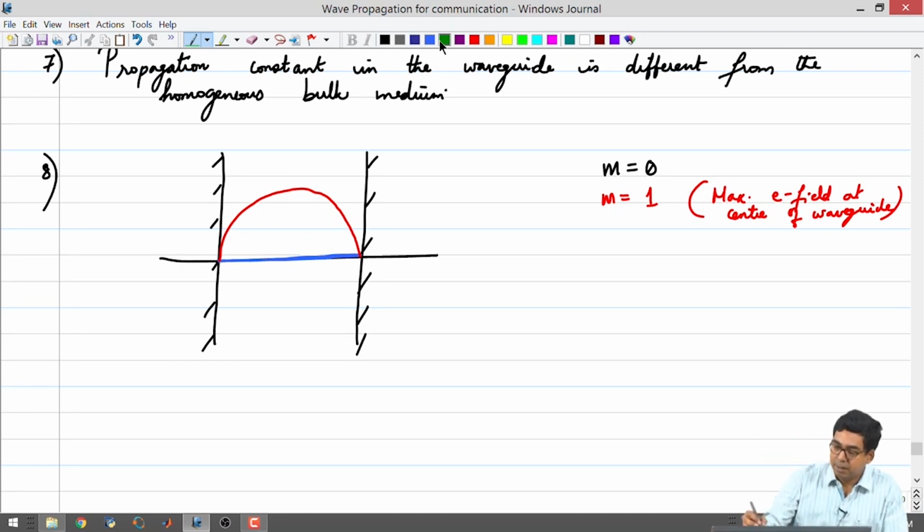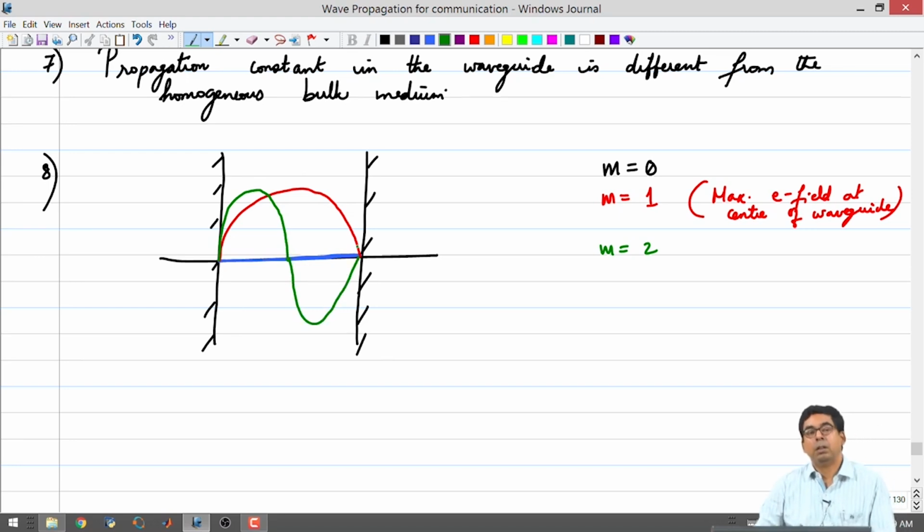Let us now take a different scenario and up the value of m to 2. You go back to your total fields expression, take the program, keep all the things constant, and try to vary only z. You will notice that for m equal to 2, your total electric field would vary like this.